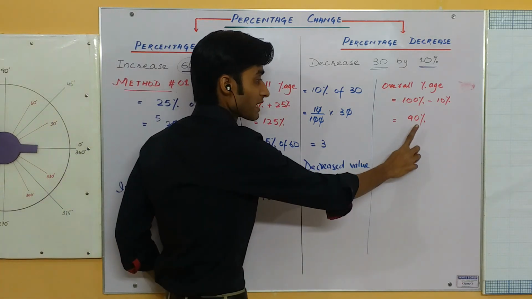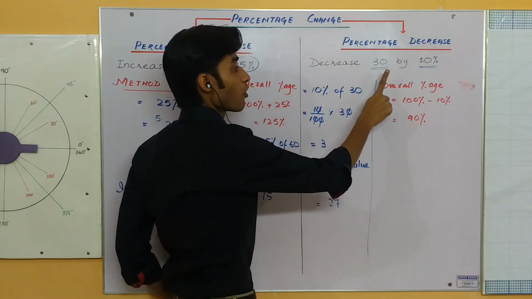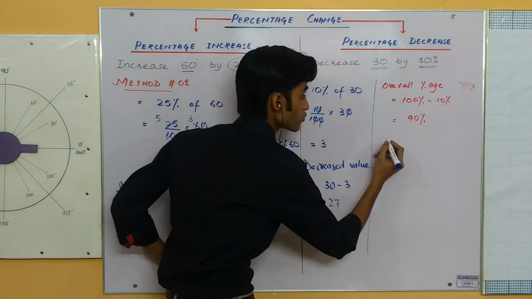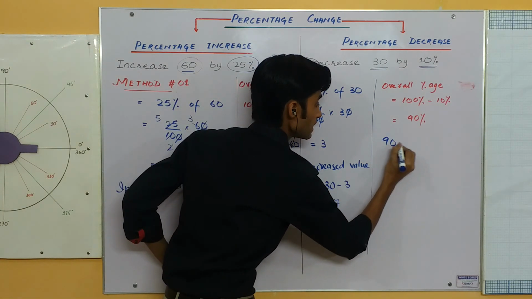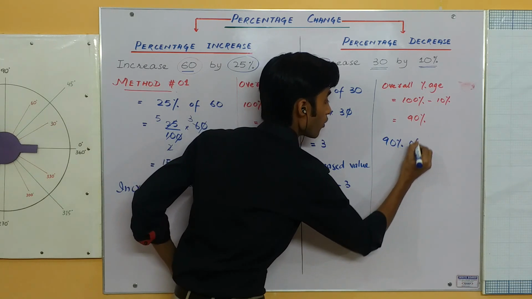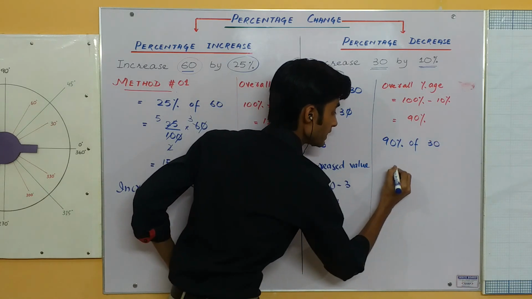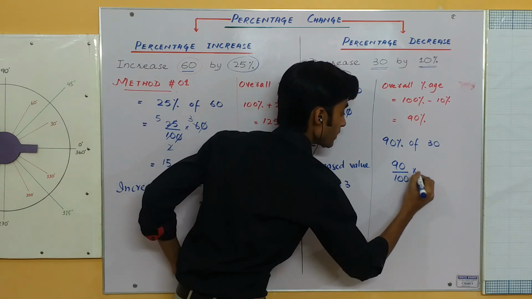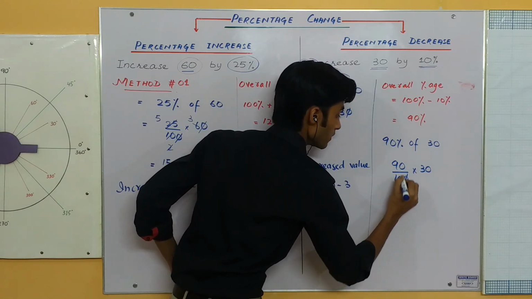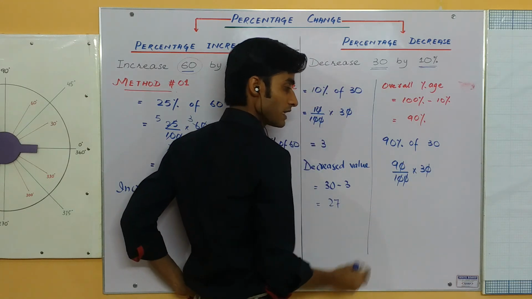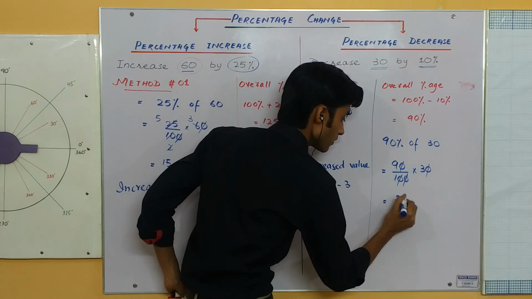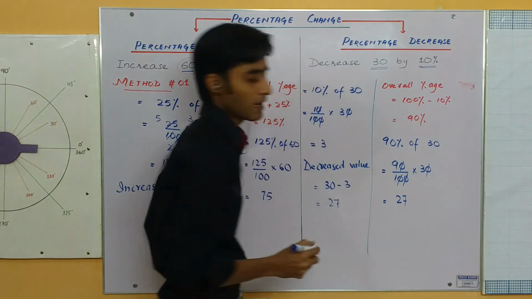So I have to find out 90% of the original value, which is 30. And how am I going to do it? 90% of 30 means 90 upon 100 multiplied by 30. These zeros will get cancelled with each other. 9 multiplied by 3 becomes 27 again.